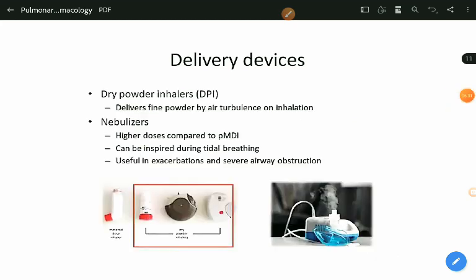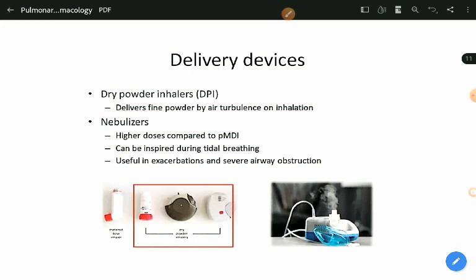So for other forms of delivery devices, we have the dry powder inhalers that deliver fine powder by air turbulence on inhalation. Then we also have your nebulizers, which deliver higher doses compared to PMDIs.